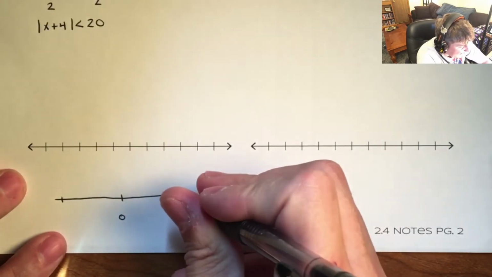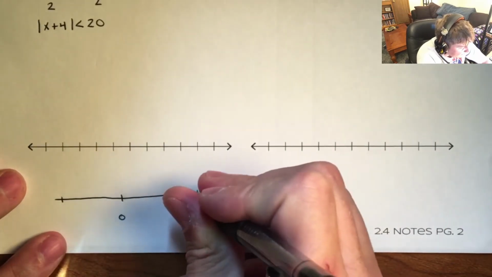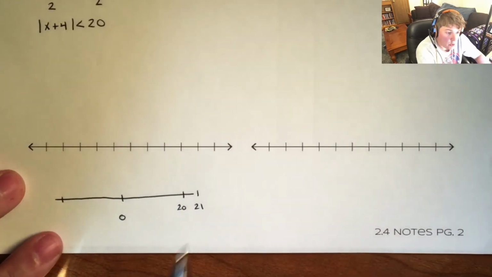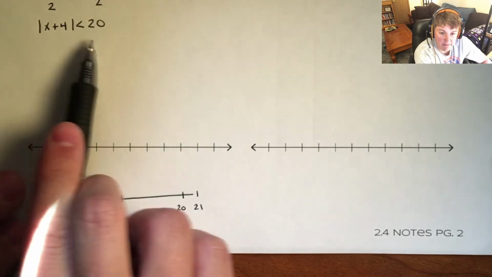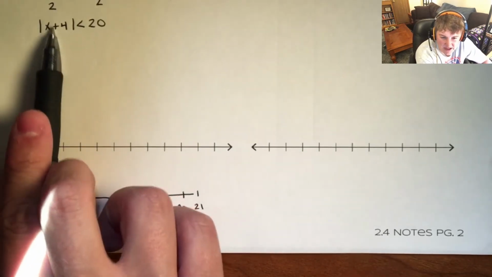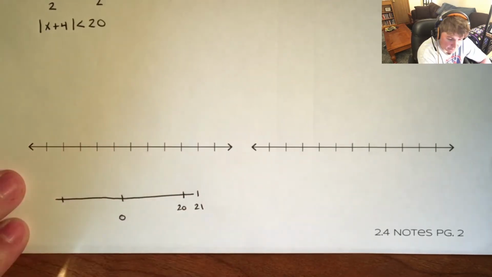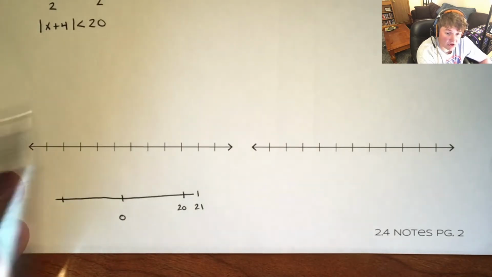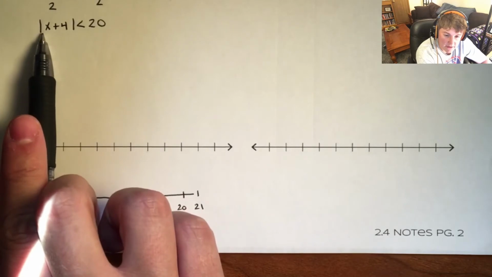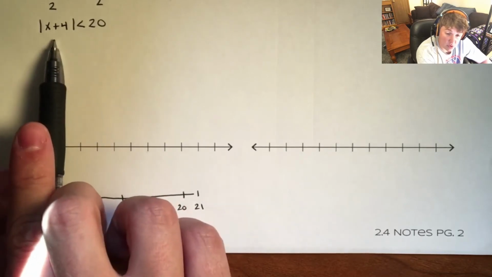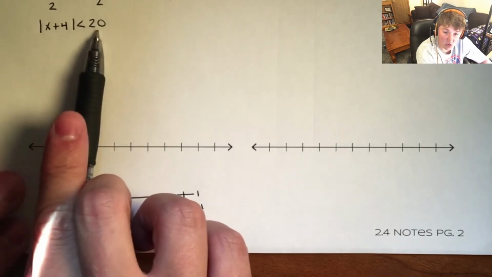So if I take the absolute value of 21, will that make this true? Like if this whole inside part here is 21, it would make it false, right? Because if this whole thing is 21, when I take the absolute value of it, it's going to be 21. Well, that's not less than 20, that's greater than 20.